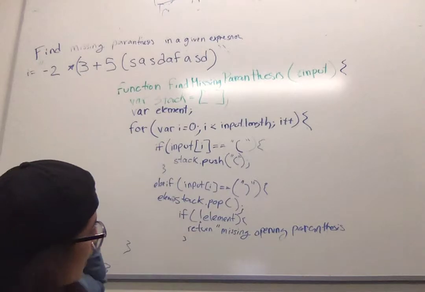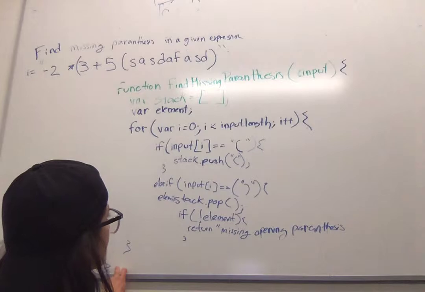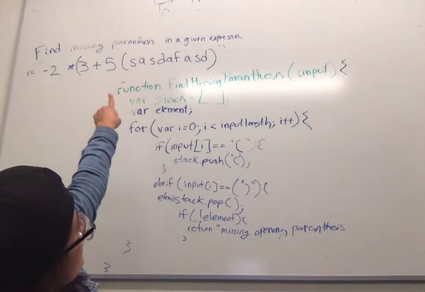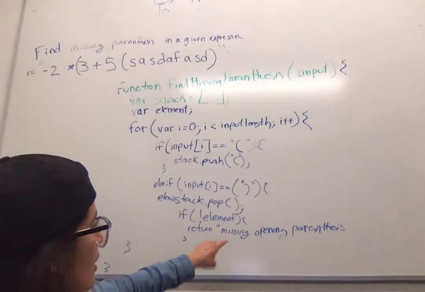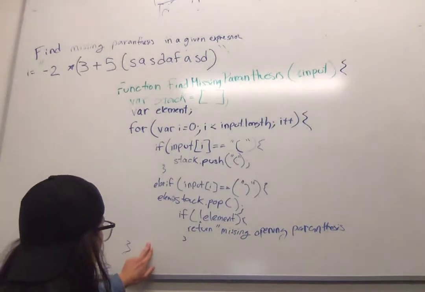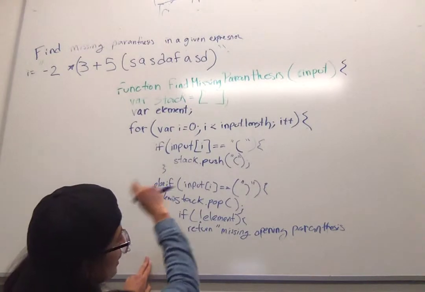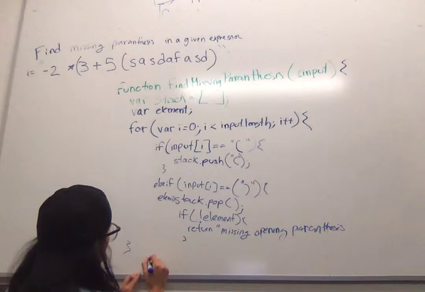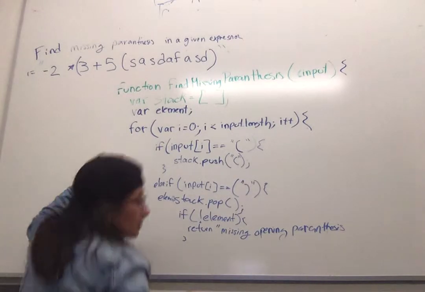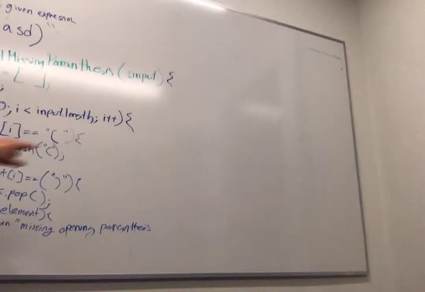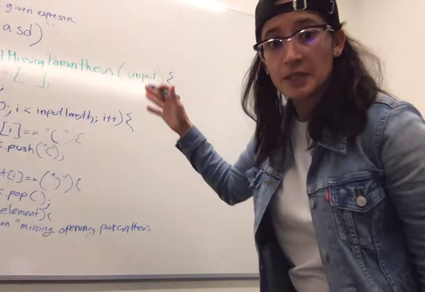Now, the other thing we have to account for is if there are too many opening parentheses, as in there's not a closing parenthesis. To check for that, after we iterate through everything, after we're out of the for loop, our stack should be empty.